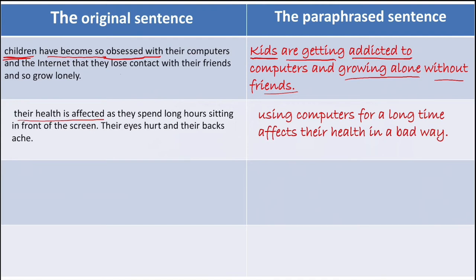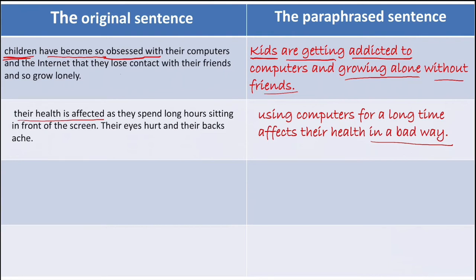Now, you can change words, you can change structures and so on, and try to make it shorter and in your own style. All right, and their eyes hurt and their backs ache. I can say their health is affected in a bad way. So I can say this. If you need to add it, no problem. But remember, we need one sentence only here.